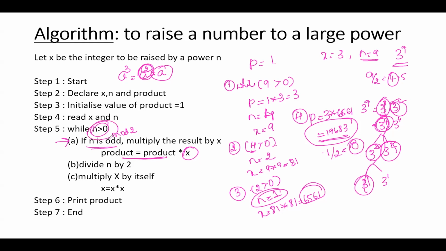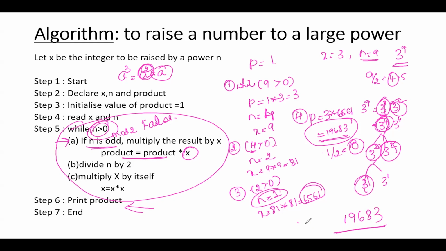When I come back to the while loop, this is going to be false. And hence, I will come out of this while loop to directly printing the product. Hence, my output is going to be 19683, which is nothing but 3 to the power 9. All right. And hence I will end the algorithm.